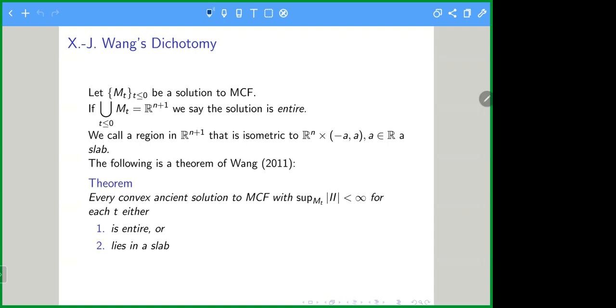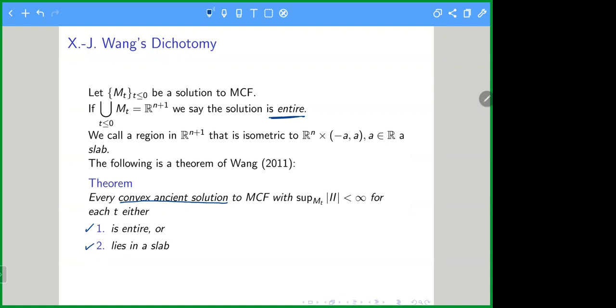These convex ancient solutions that I'm studying only come in two flavors. One is that they sweep out all of space, which is what we define as an entire solution. So they either fall into that case, or your solution has to lie inside some sort of slab region.